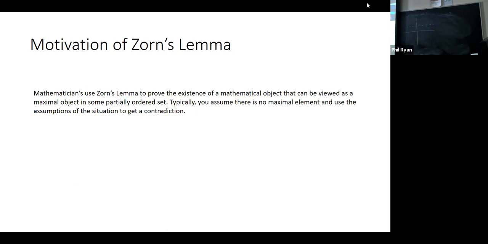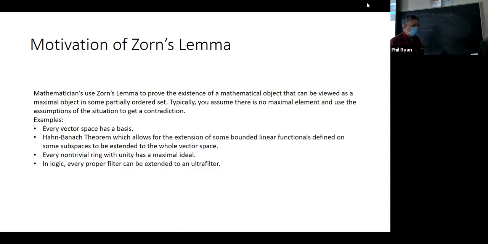So if you want to prove the existence of some mathematical object, you've got to be able to view it as some maximal object in some partially ordered set. And then typically you prove it by contradiction. You assume that there's no maximal element, and then use whatever situation you have to get a contradiction. So Zorn's lemma is kind of useful.